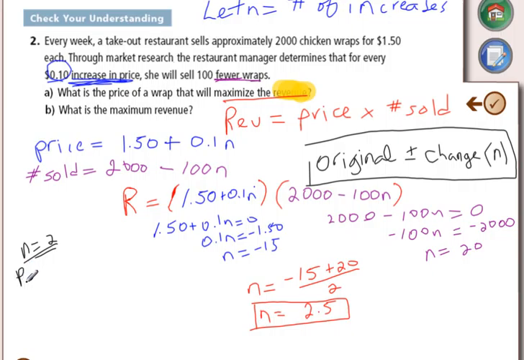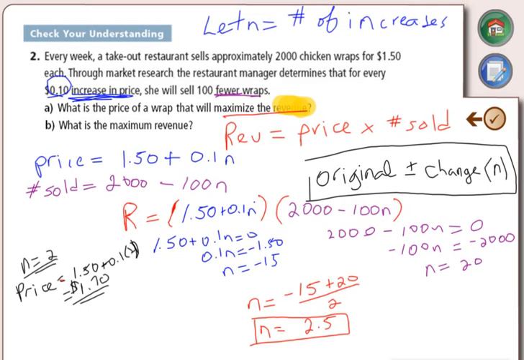Our price is equal to 1.50 plus 0.1 times 2. Work that through, and we're going to get $1.70. So the best price to sell at is $1.70.